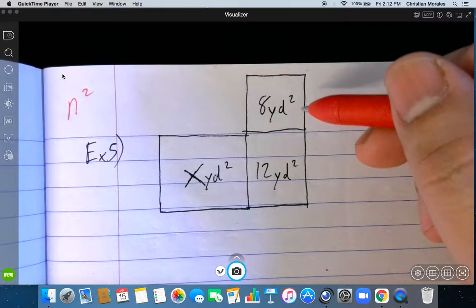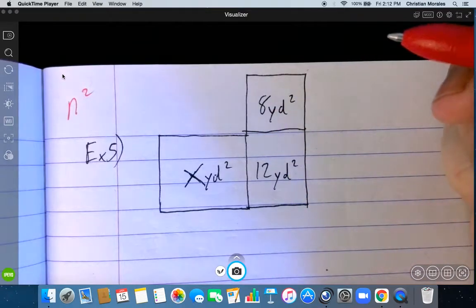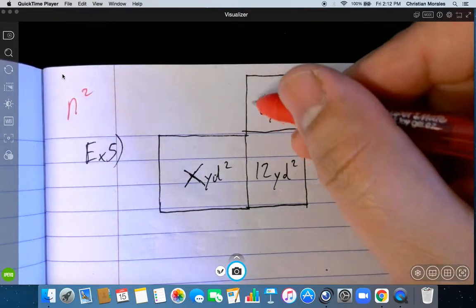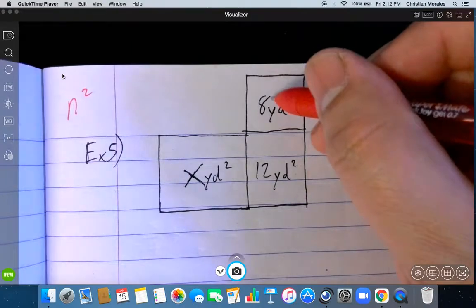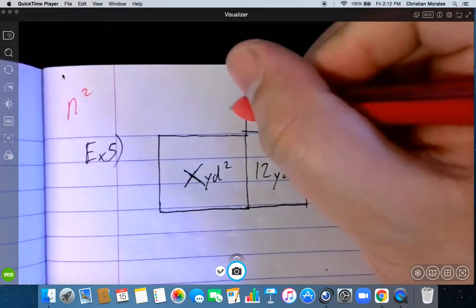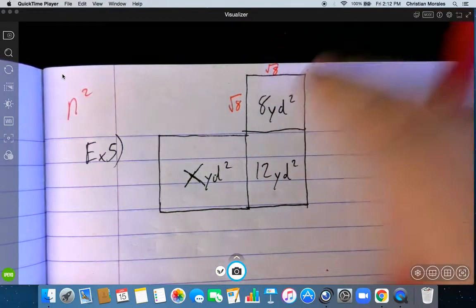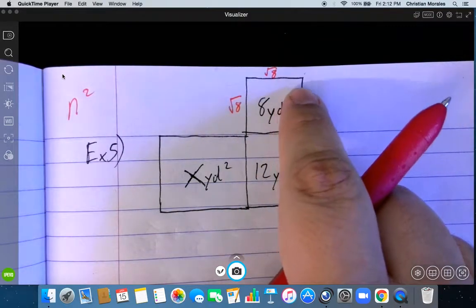Because this is a square, you can find the side by taking the square root. If you take the square root of this number, you'll get the side of the square. So you need to take the square root of 8, and the square root of 8, and the square root of 8. That's the sides of this square.